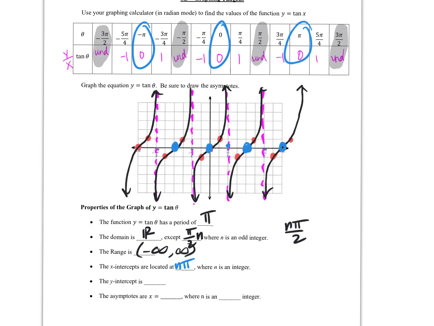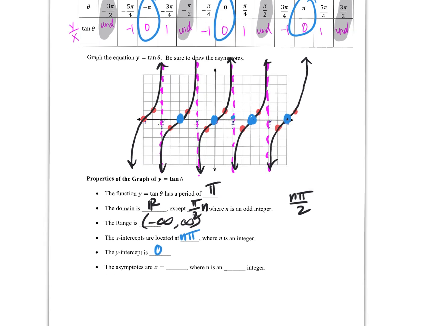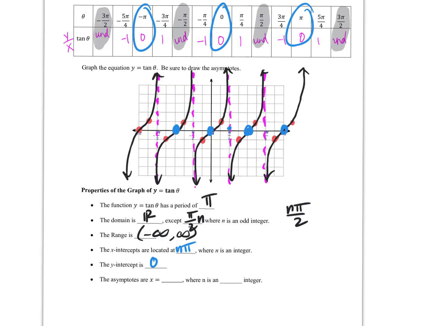Well said, Tuck. Where do we cross that y-axis? Just at 0. We go straight through that origin. Well said, BR. And then I already wrote the asymptotes are at n pi over 2, where n is an odd integer. That's a little redundant from right up there.